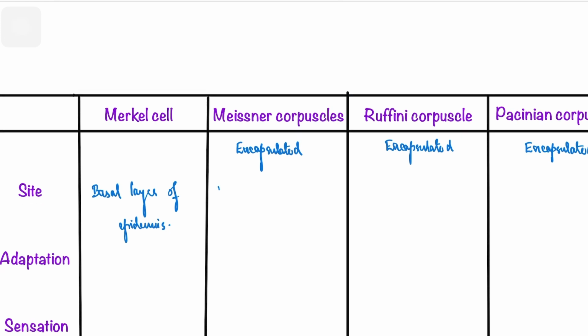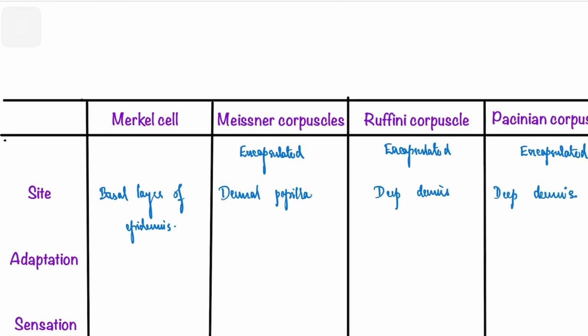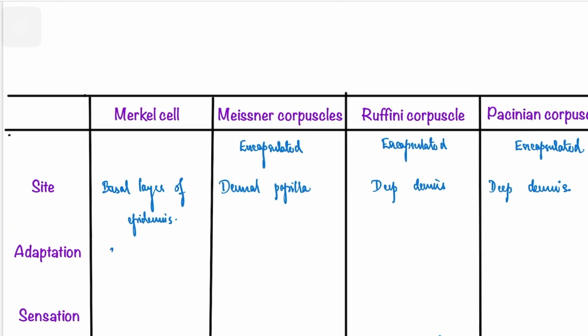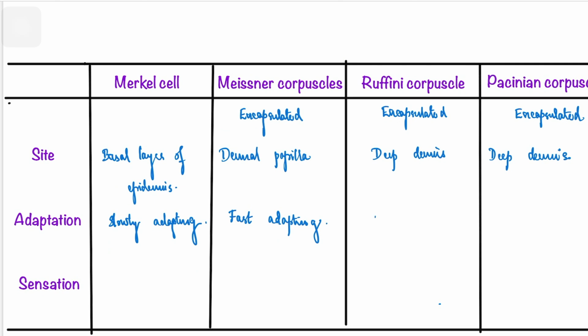The Meissner's corpuscles are seen in the dermal papilla, and both Ruffini corpuscles and Pacinian corpuscles are seen in the deep dermis. Merkel cells, as we discussed earlier, are slowly adapting, whereas Meissner's corpuscles are fast adapting. Ruffini corpuscles are slow adapting, whereas Pacinian corpuscles are fast adapting.